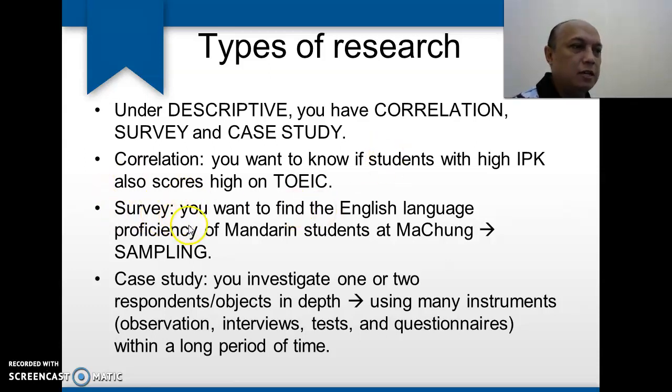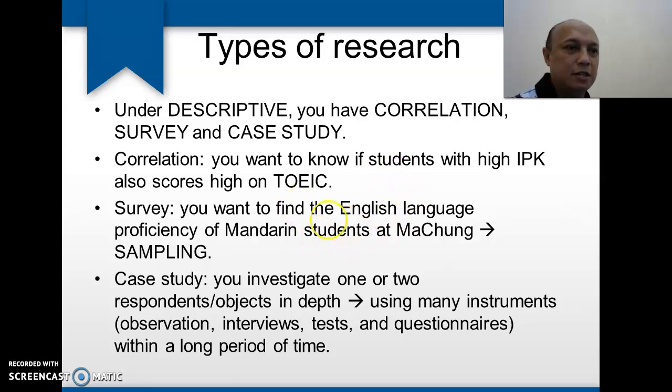Survey is if you want to find the English language proficiency of Mandarin students at Machung. That's an example. Survey means describing certain characteristics or features of a community, and then analyzing the data, and then you come to the conclusion. So this is the characteristics of that group.